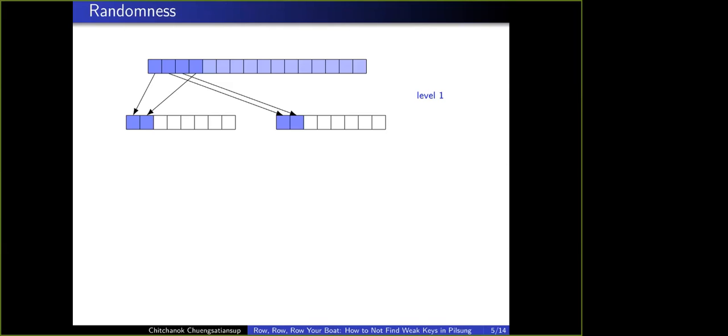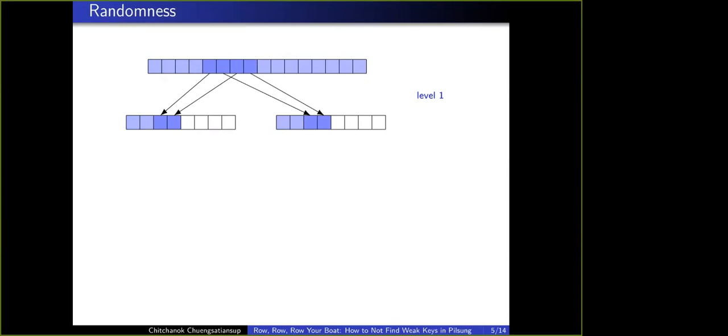If it is 0, it goes to the first group. If it is 1, it goes to the second group, or the second half. To make sure that each split results in 2 groups of equal size, within those 4 bits there must be exactly 2 ones and 2 zeros.